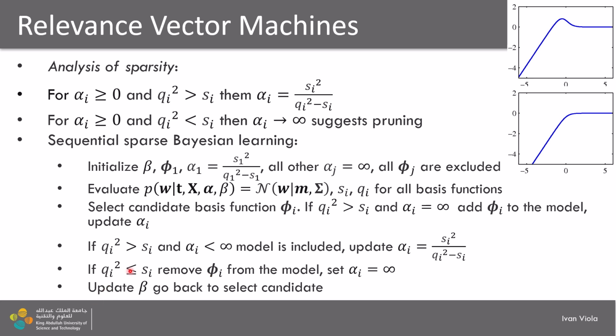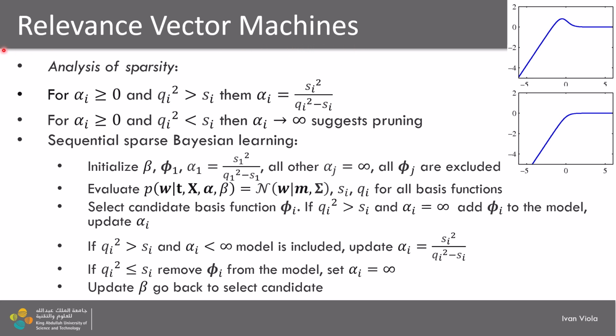And then we update beta and we go back to select candidate. In this way, we incrementally grow our model with basis functions which are the strongest contributors to the model and are useful for estimating our values in the regression task. So this is all for the relevance vector machines in the context of regression.